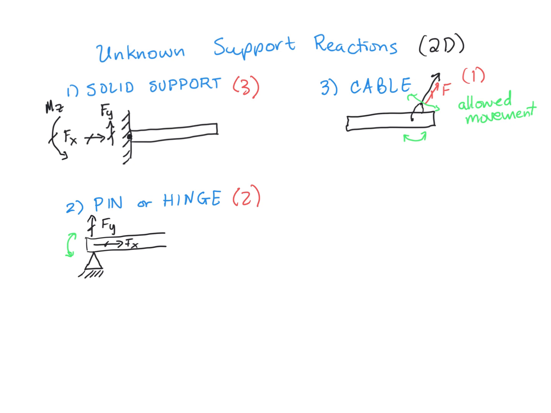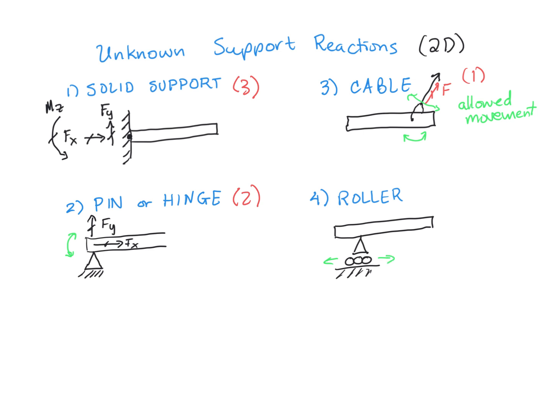The fourth type of unknown support reaction is a roller. So a roller looks a lot like the pin or the hinge, except in this case, this thing is not fixed. There's still a surface there, but this thing is on little wheels that allow it to have an allowed sideways movement. It can move along in this direction.